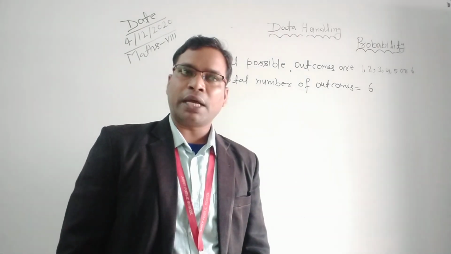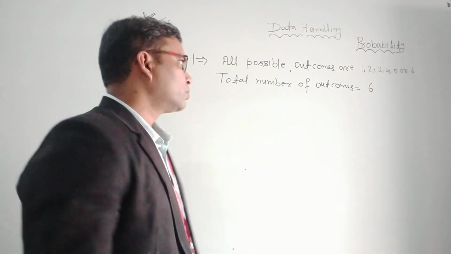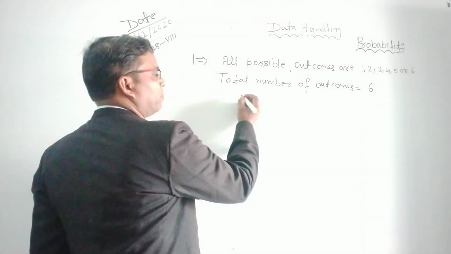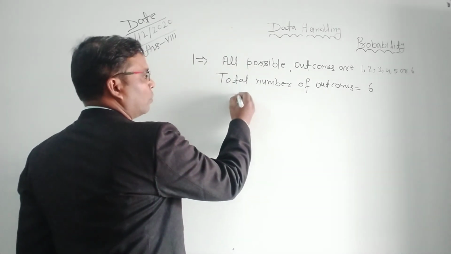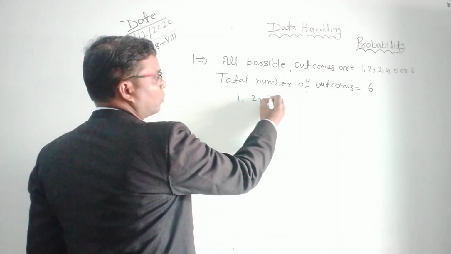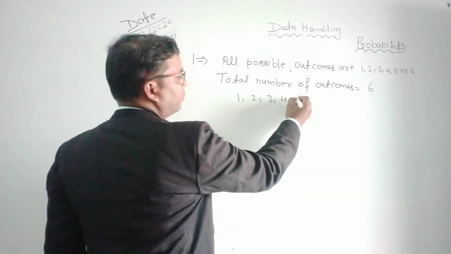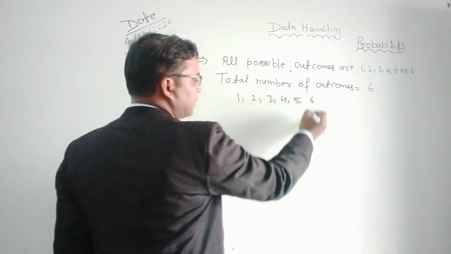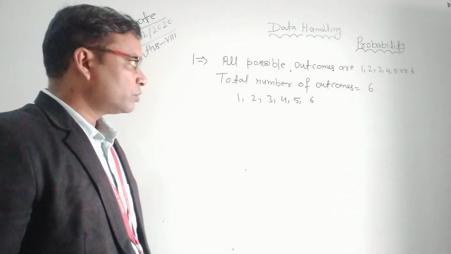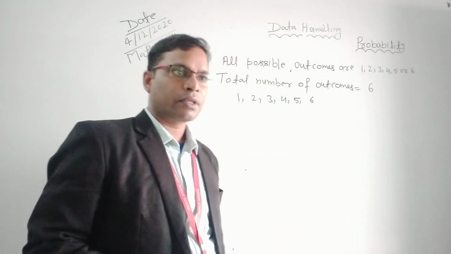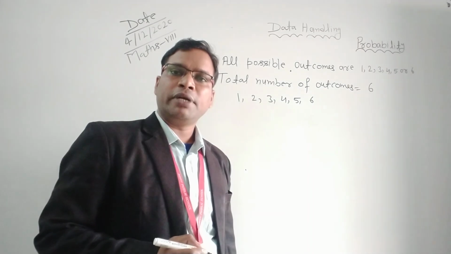Find the probability of a prime number. Here you can see all possible outcomes are 1, 2, 3, 4, 5, 6. So we find the probability of prime numbers.